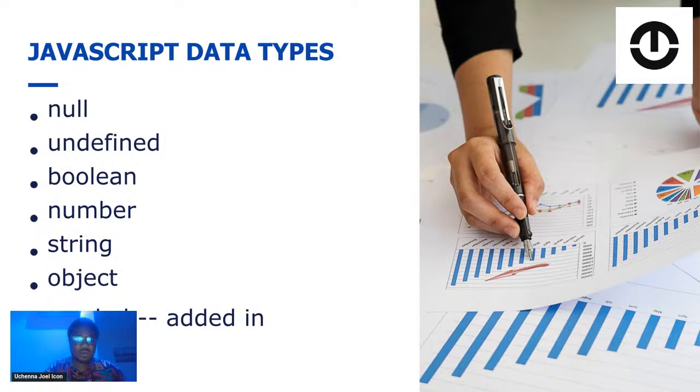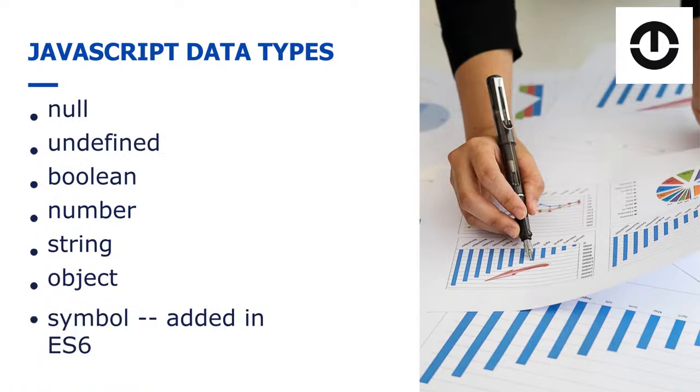Besides object, everything on this list is known as a primitive data type. There are basically two subgroups: we have primitive and we have reference. The primitive data types here are null, undefined, boolean, number, string, and symbol. And the object data type has other subtypes under it: we have arrays, we have functions, and we have other objects as well.